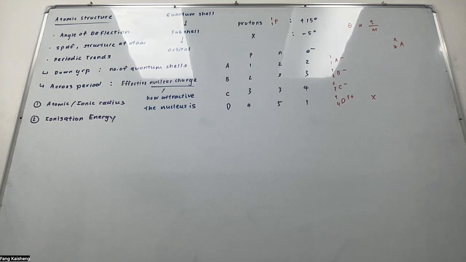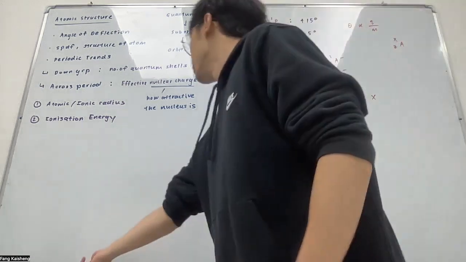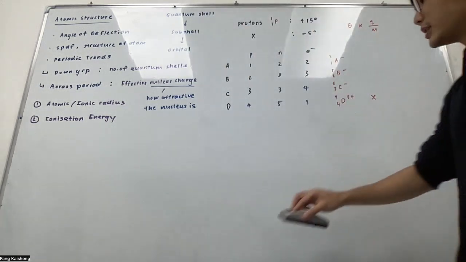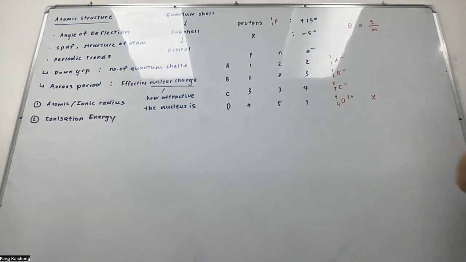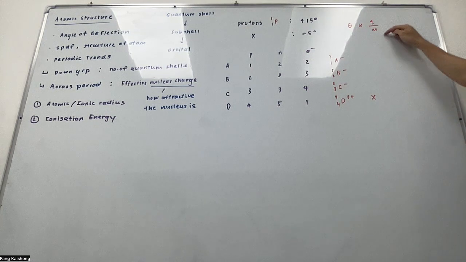The second thing I want you all to do, to help you out a little bit: you all see this formula here? Theta is proportional to charge, inversely proportional to mass. Can we sub values straight into this relationship? No. Is this an equation?